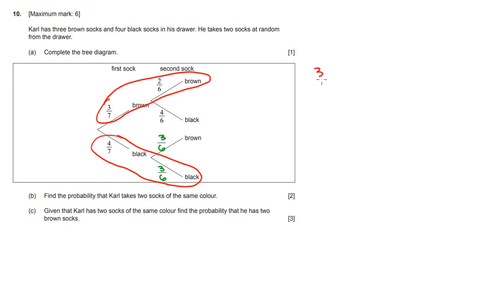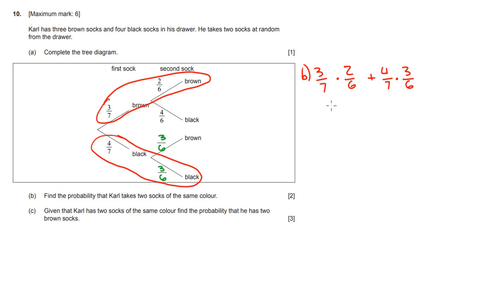So I would want to do, this is part B, 3/7 times 2/6. Okay. And then also it's going to work if it is 4/7 times 3/6. Okay. So then we're just going to want to multiply this out. And then we do not have to simplify it. We can just multiply it out, add them together, and away we go.